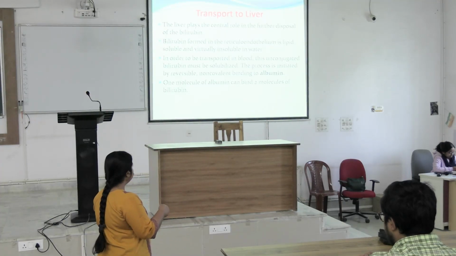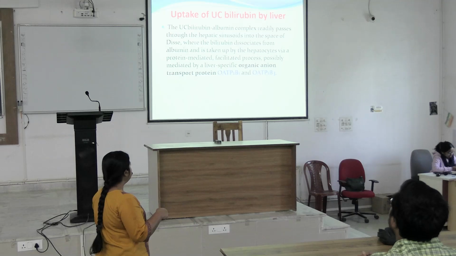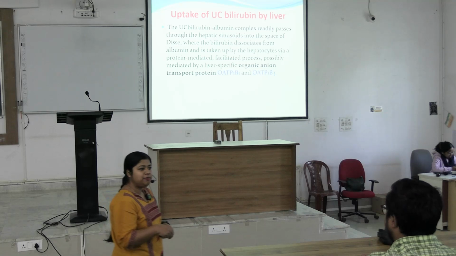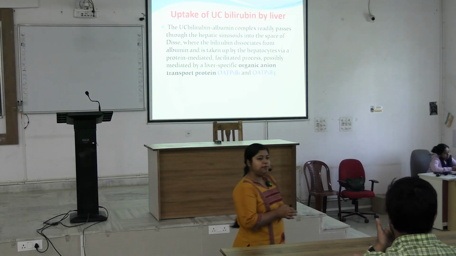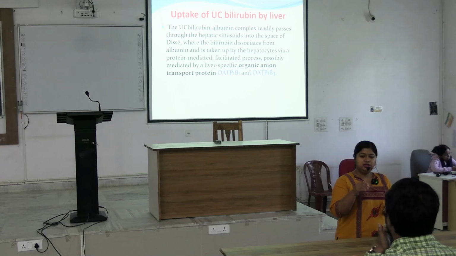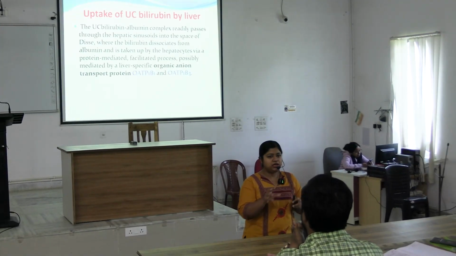Now, uptake of unconjugated bilirubin by the liver. The unconjugated bilirubin-albumin complex readily passes through the hepatic sinusoids. What are hepatic sinusoids? The blood vessel which goes into the liver is divided into branches, and there are lobular patterns.